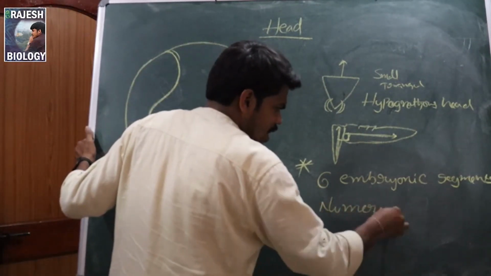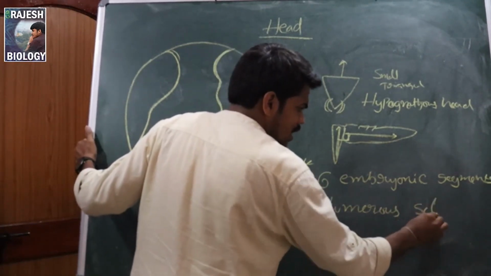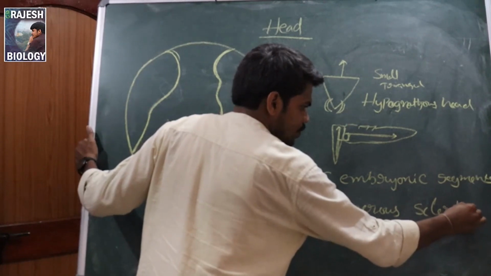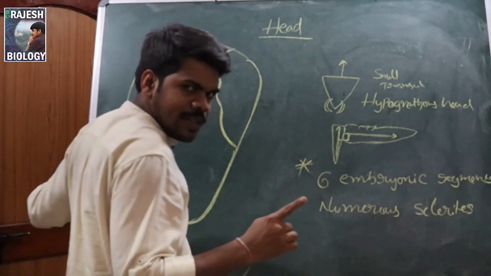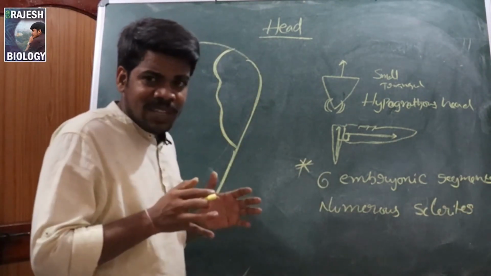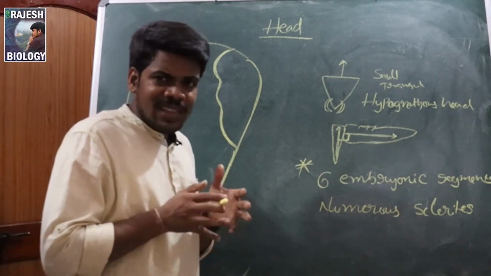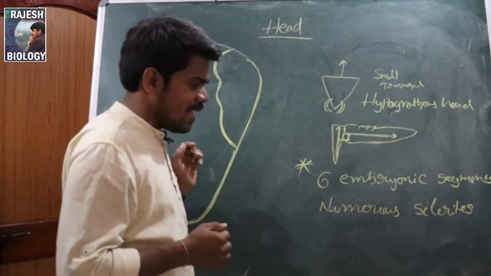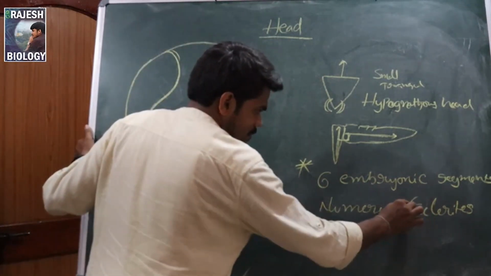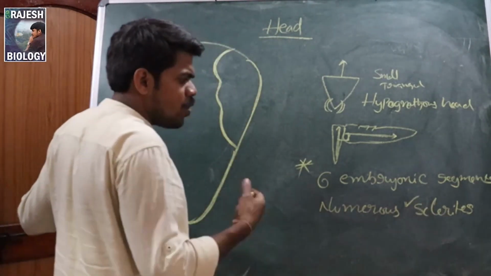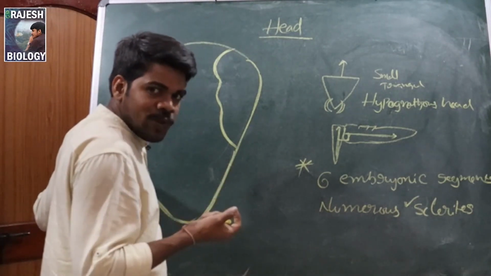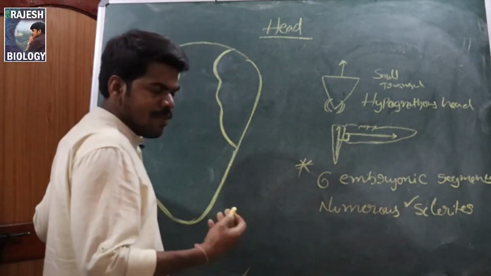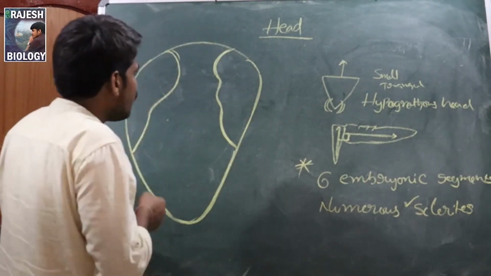Don't get confused between segment and sclerite. There are only 6 segments, but these 6 segments have numerous sclerites. The 6 segments fuse to form a capsule, and the head capsule is actually formed by sclerites, which are numerous in number.